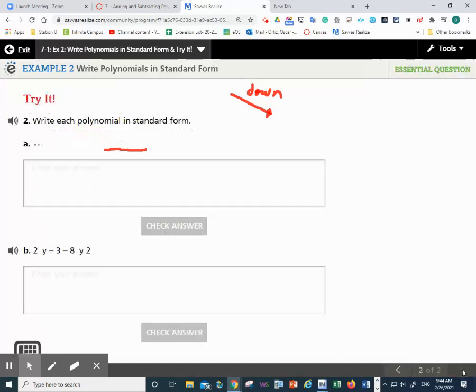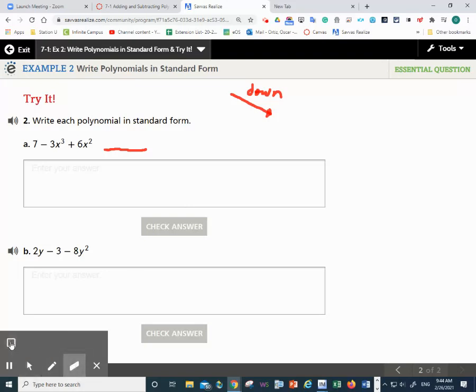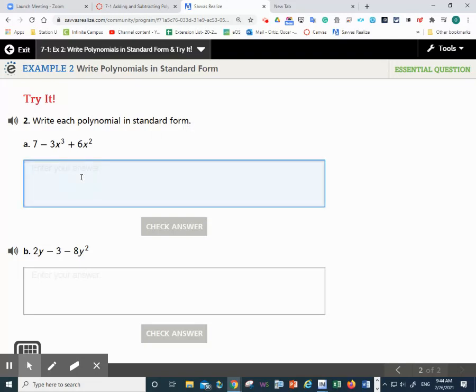So now I'm gonna ask you please to pause the video and see if you can rearrange these polynomials in standard form. Okay, and after a while, I hope you paused it. I want you guys to check all this work.